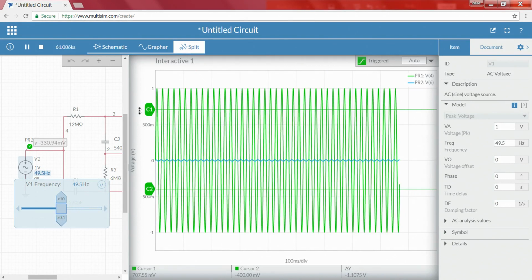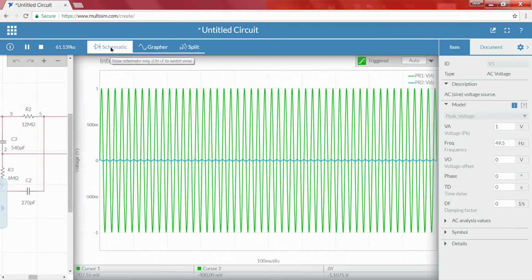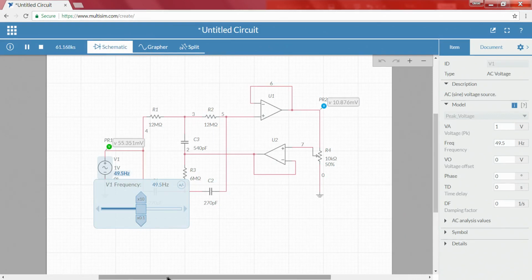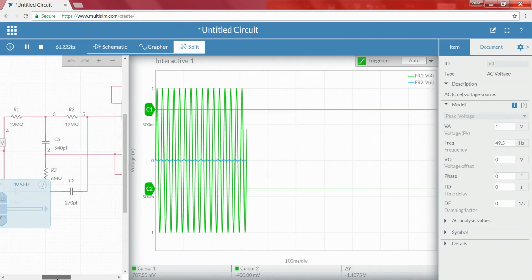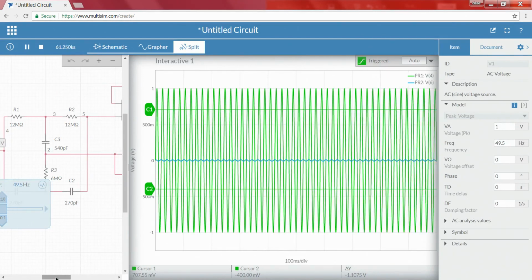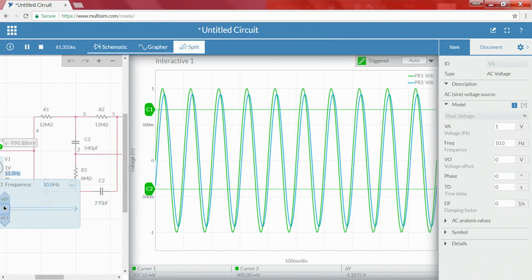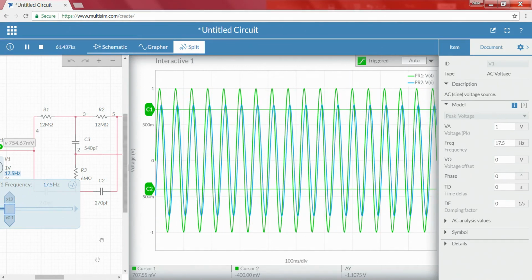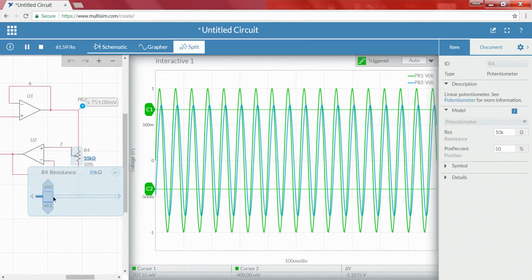Now, what is the purpose of the op amp that we have seen here? To understand that, we will keep it at one particular value. Yes, we will consider this one. Now, we will change this particular resistance.